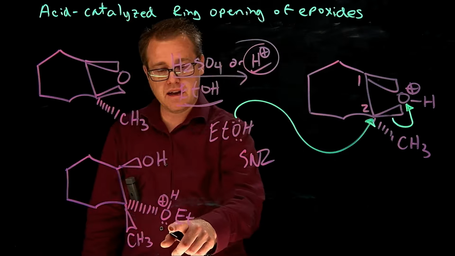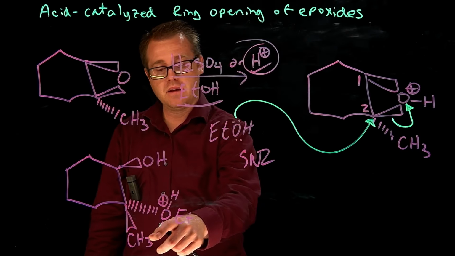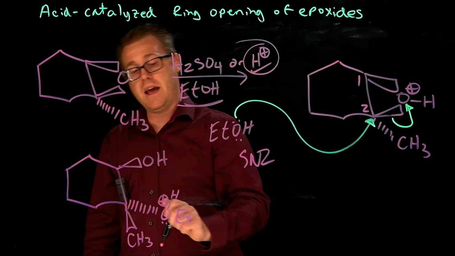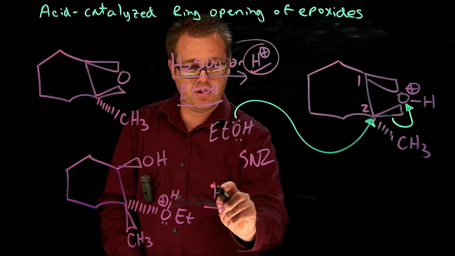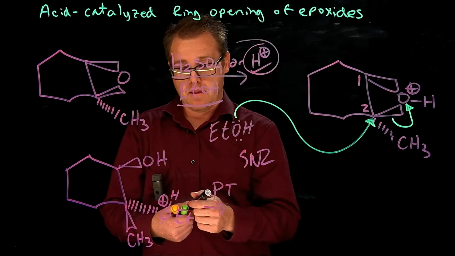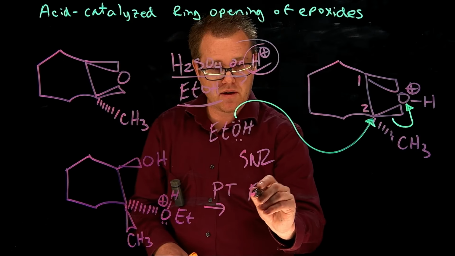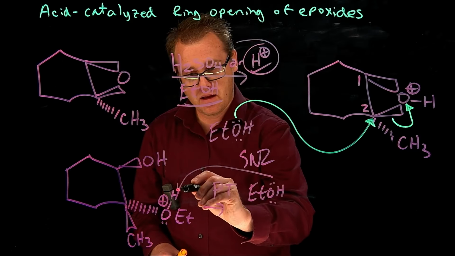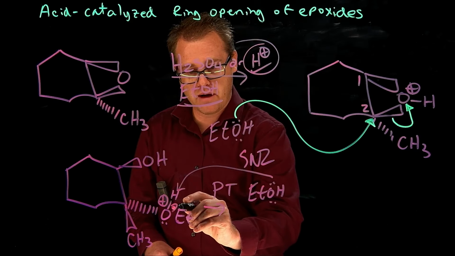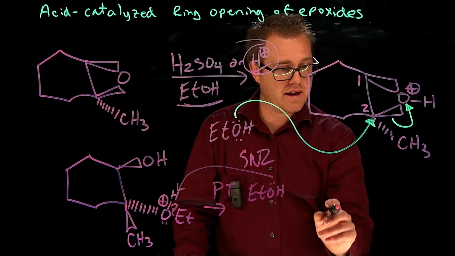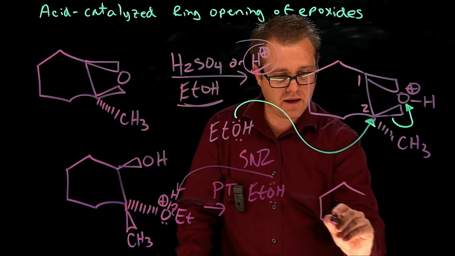Because this ethoxide came in from backside, which then pops that methyl group to a wedge. And then what are we going to do? We'll do a proton transfer. And so we will take some of our ethanol right here, and that's going to come in and grab that proton, break that oxygen-hydrogen bond to give us our product. And our product is going to be right here.